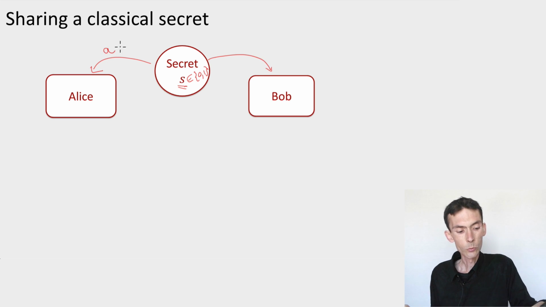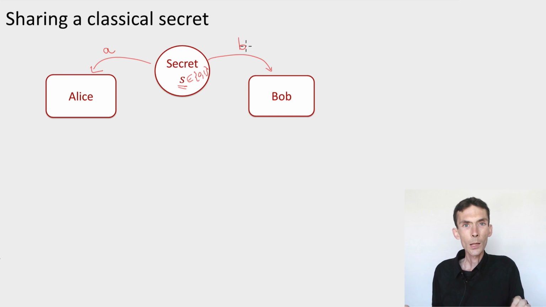So Alice is going to receive an A, Bob is going to receive a B, and the property we'd like is that each of the parties by themselves is not able to recover any information about the secret.